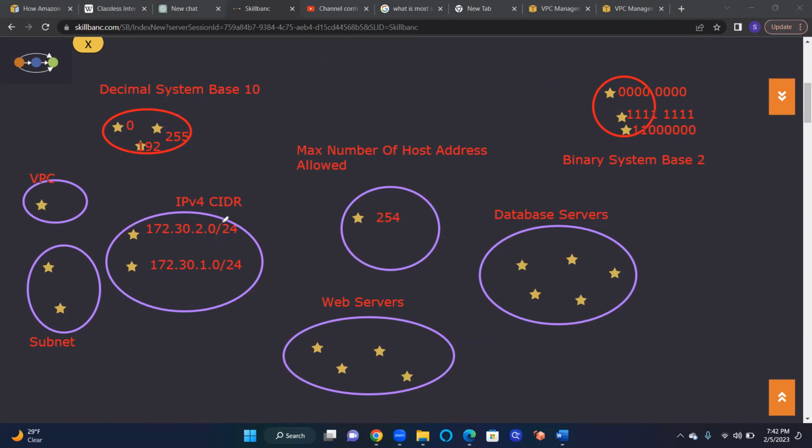So when I say 172.32.0 slash 24, I'm saying 24 bits are used for identifying the block. What is a block?